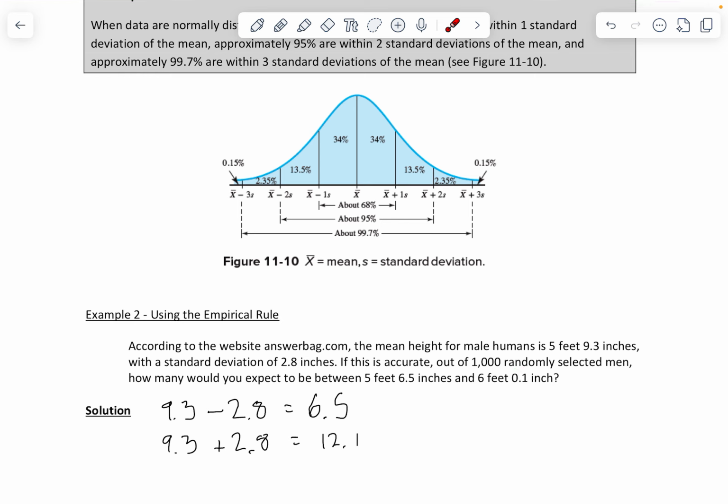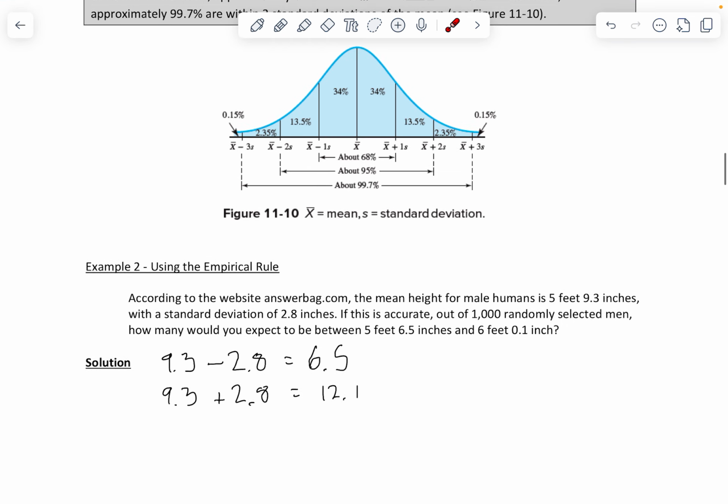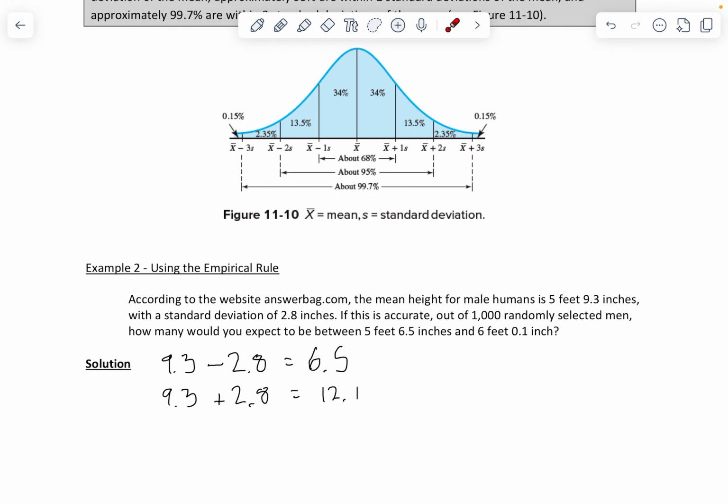Okay? And so the empirical rule tells us that about 68% of the data falls between this value and this value. Okay? So that means if we have 1,000 randomly selected men, how many would you expect to be between 5 feet 6.5 inches and 6 feet 0.1 inches? You would expect about 68% to fall within that range.